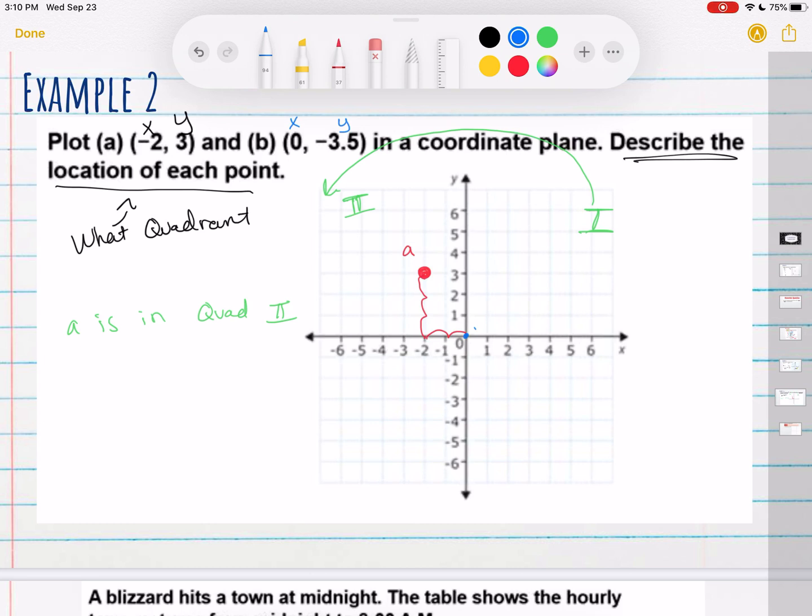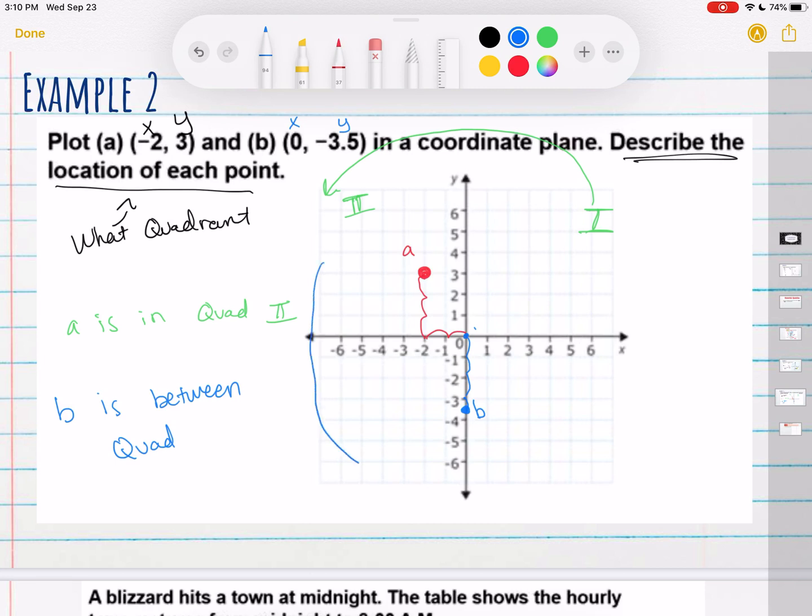So I'm going to find -3.5 on my vertical axis. I'm going to go down 1, down 2, down 3, and just go down a half more, right in between -3 and -4. There it is, and I'm going to label it with B. Now, what quadrant is it in? Well, it's not in a quadrant, right? We could say that B is between what two quadrants?